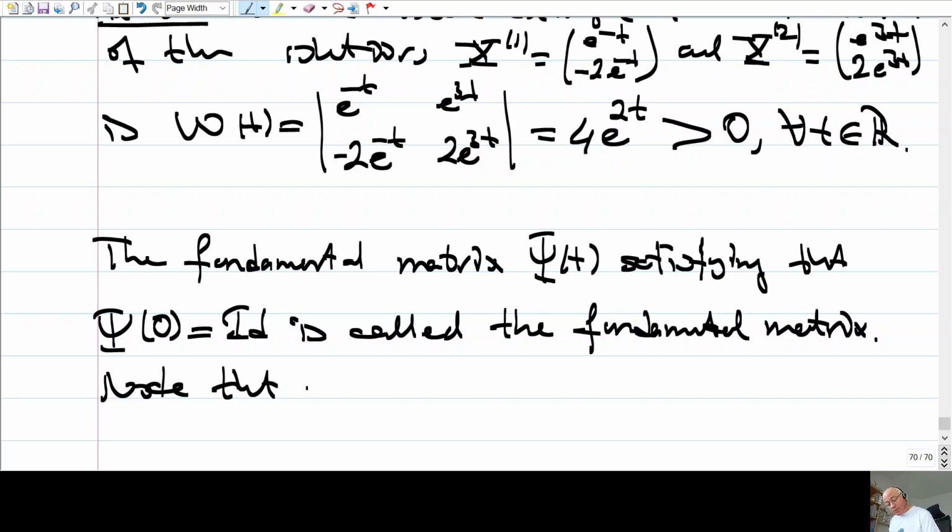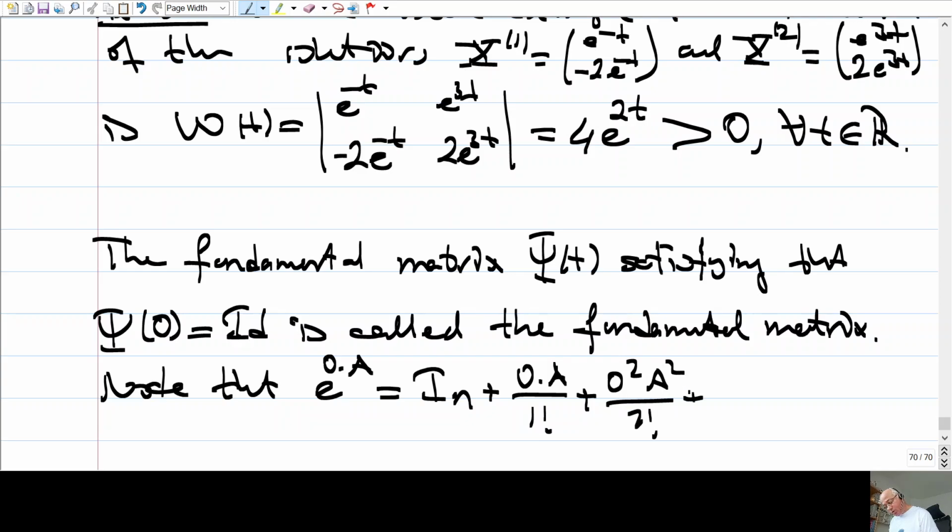Note that e to the power 0 times A, which is what? This is identity plus 0 times A over 1 factorial, 0 squared A squared over 2 factorial, and so on.